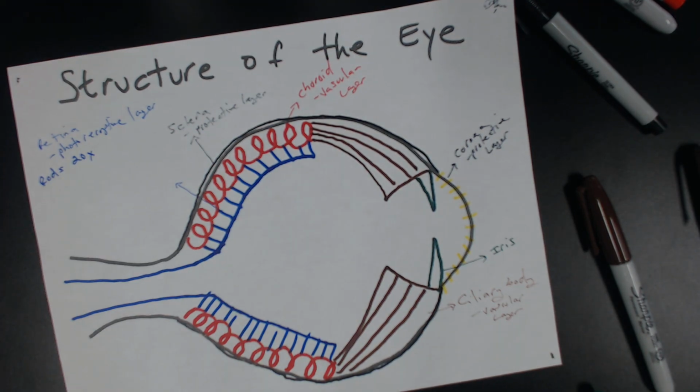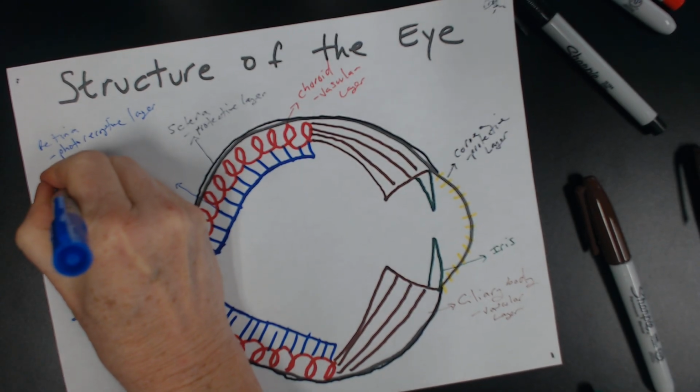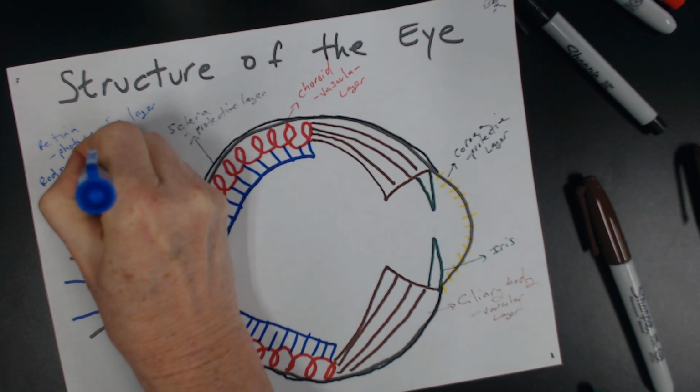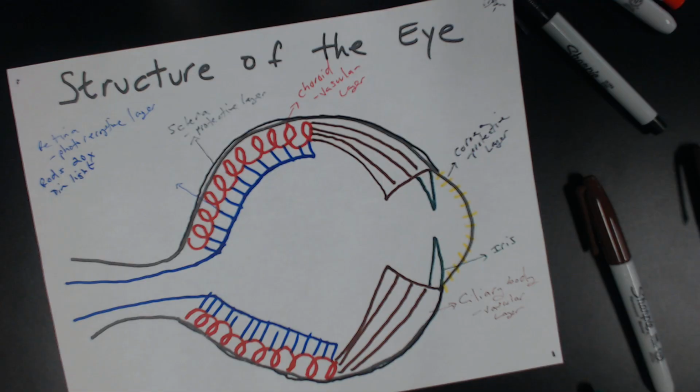Does anyone know? Dim. Okay. Rods are going to be predominantly good for your peripheral vision. Okay, your rods detect really well motion in general. So they function fine in dim light.